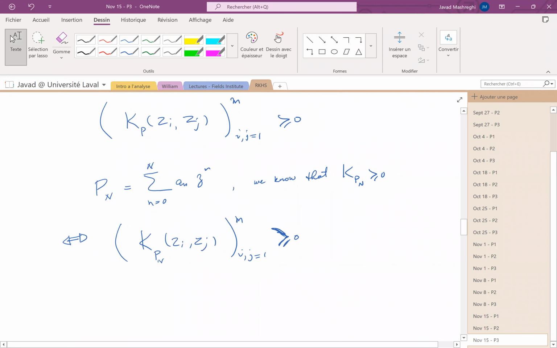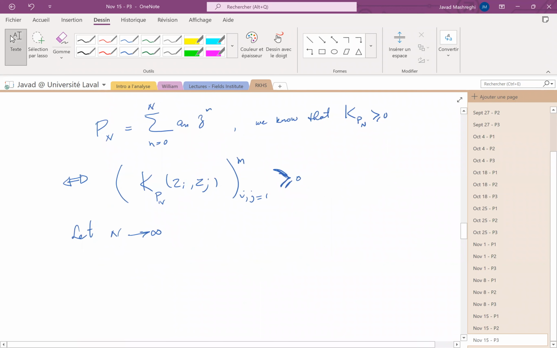And now what happens if n goes to infinity? If n goes to infinity, for each i and for each j between 1 and m, Kpn(Zi, Zj) converges to Kp(Zi, Zj).